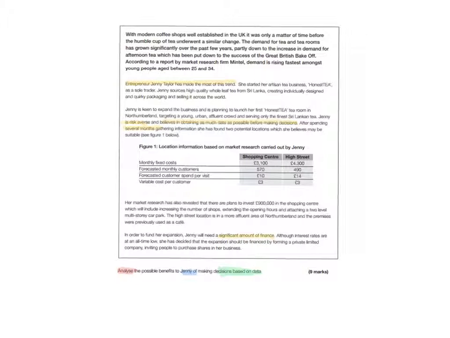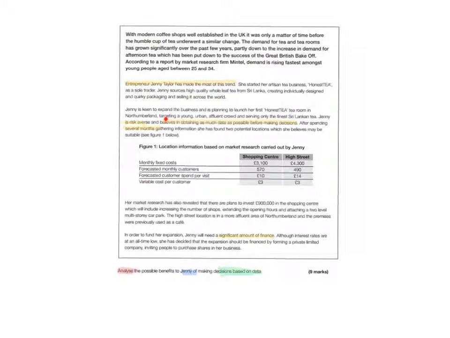So I've picked out some key points that I think could help you to form the analytical argument of Jenny using decisions based on data. Number one, I've highlighted that entrepreneur Jenny Taylor has made the most of this trend, which suggests that she's maybe carried out scientific research and scientific decision making in the past, basing decisions on research by looking at past trends.